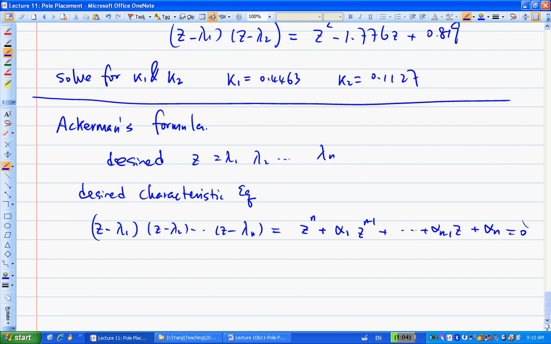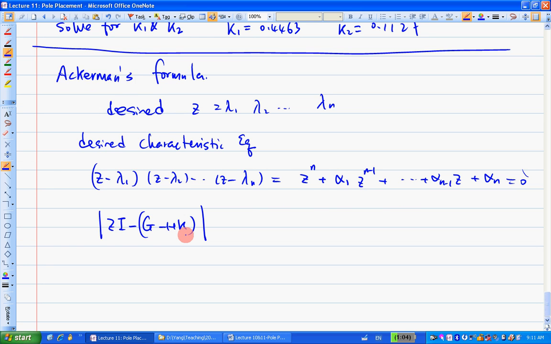If this is the desired one, what we're designing for is zI minus G minus HK here. What we want is the closed loop characteristic equation to be the same as the desired one.